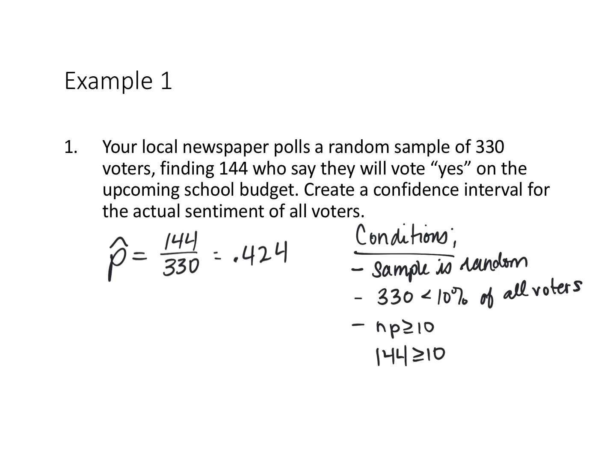That's how many successes they had. That's okay. It's greater than or equal to 10. Okay. And nq greater than or equal to 10. Well, that's 330 minus 144. It's 186. Your np and nq should add to your n.